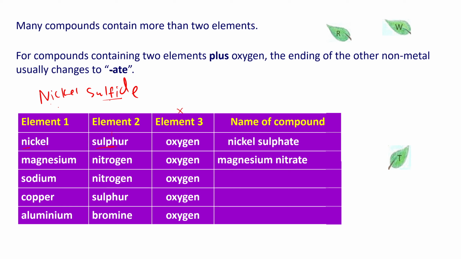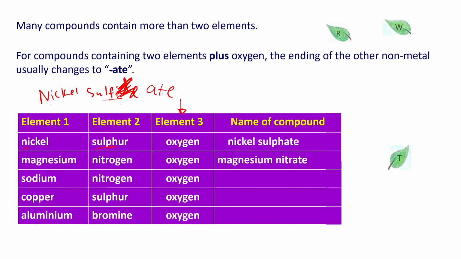Now, what this slide is saying, what if we had oxygen in the mix as well? Well, writing nickel sulfide wouldn't do because it doesn't tell us that there is any oxygen there. We would have to write something else, and the chemists have come up with a way of naming this. Instead of writing the "-ide" on the end, you write "-ate."